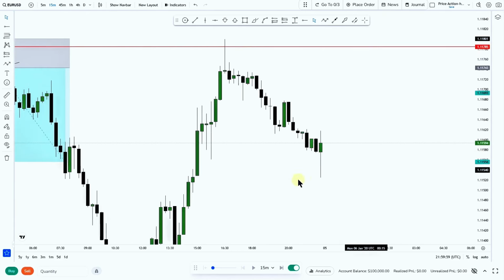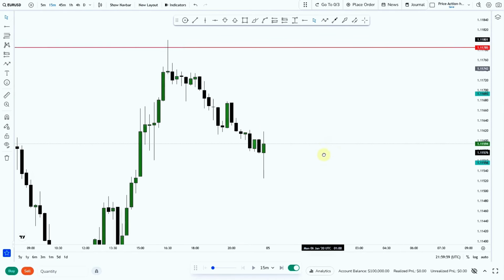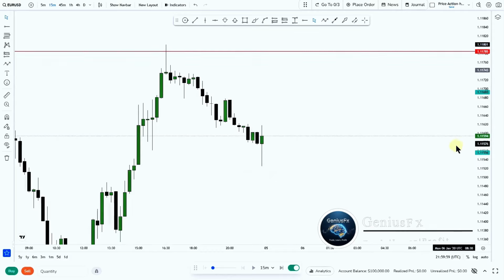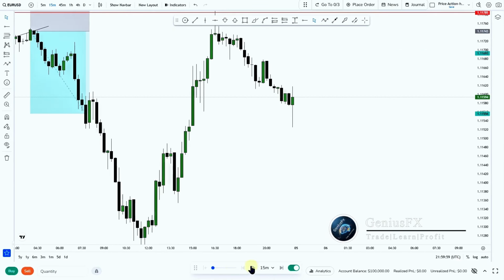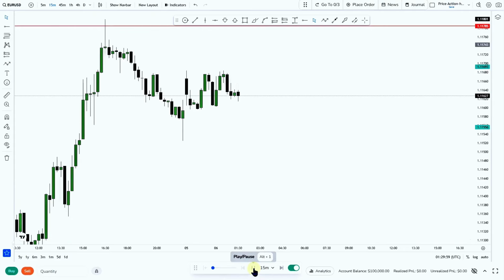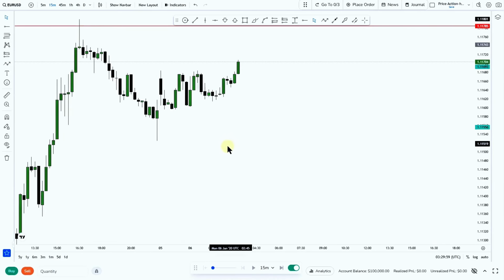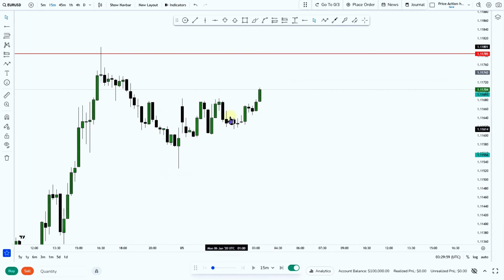The move right here does not have a clear structure, so we can't take it as a build-up. So let's move on and see what the market will bring. We finally got another mini trend line build-up.